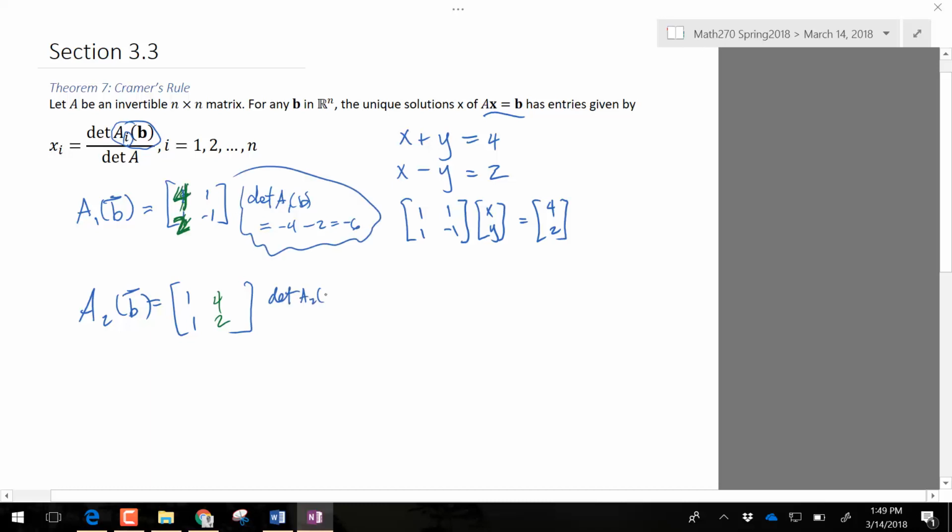The determinant of A2(b) is going to be 2 minus 4, -2. And we also need the determinant of A. And so A is this matrix over here. What's that? Yeah, -2.